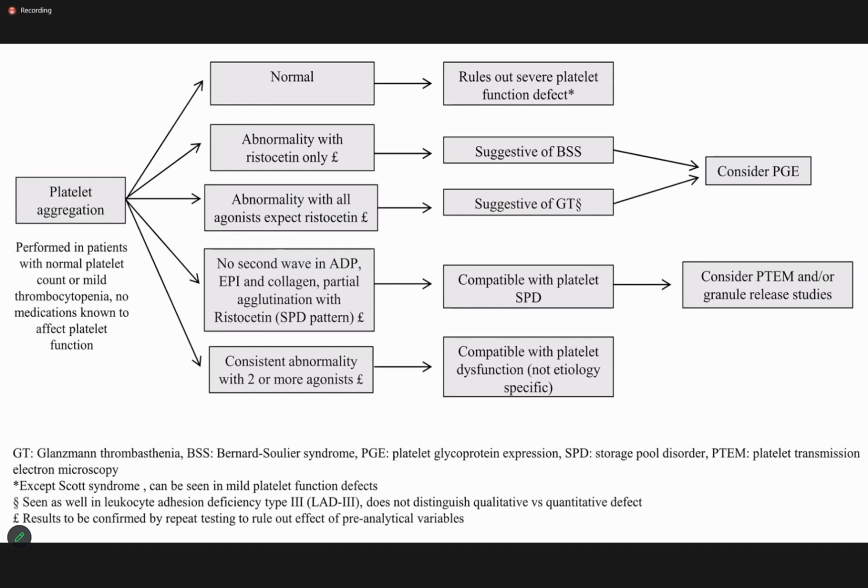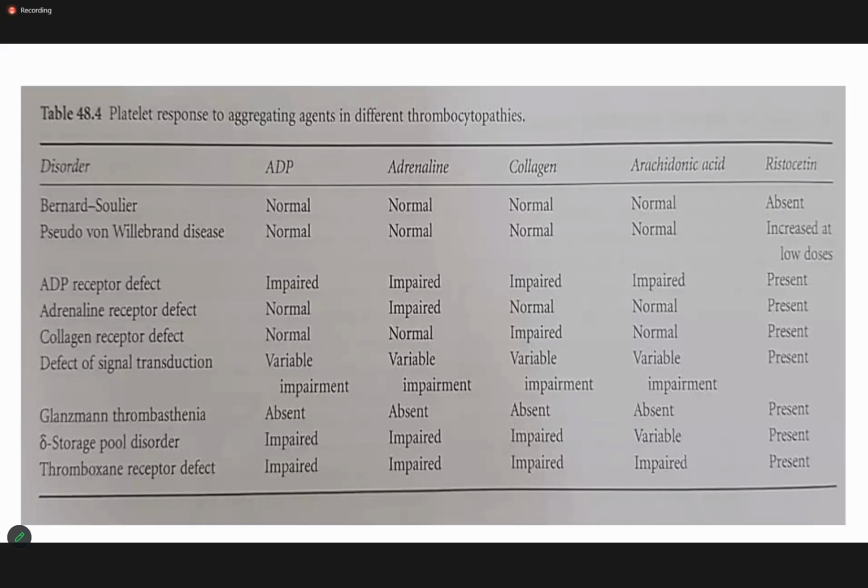To do platelet aggregation, you need to perform it in patients with a normal platelet count or mild thrombocytopenia, which usually we accept if the platelet count is around 100, and no medication known to affect platelet function as well. So this is an example of the disorders and the reaction towards agonists that you can look at.